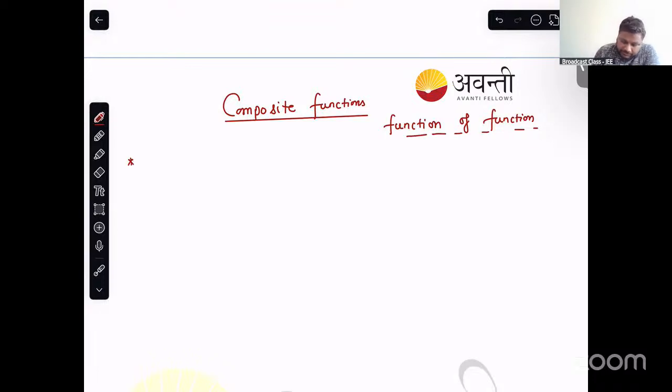So, first of all, we will do composite function of uniformly defined functions.